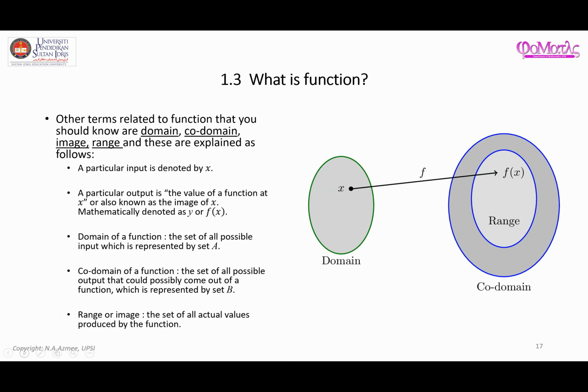Alright, next we're going to look at some of the common terms that we should know when we talk about function. Those terms are domain versus codomain, image and range, and these are explained as follows. When you talk about a particular input, it is usually denoted by x. So this is a particular input here.